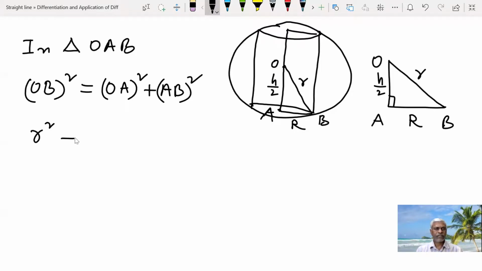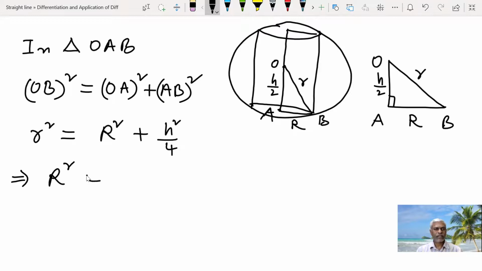That is, small r square is equal to capital R square plus h square by 4. So from this, capital R square is equal to small r square minus h square by 4. Call this equation 1.